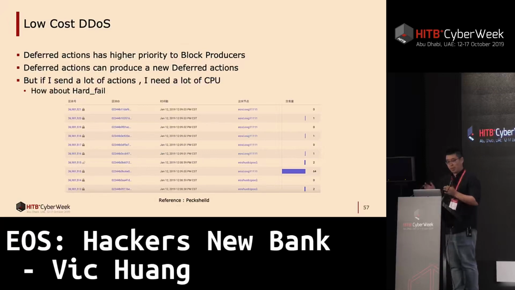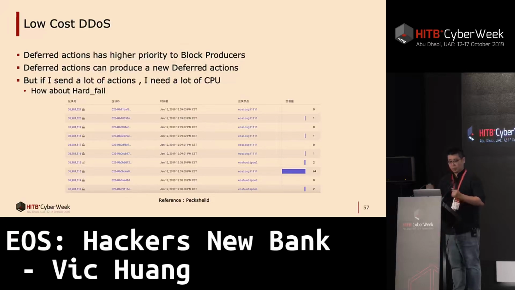It means that when the block producer picks the transactions to pack in the block, the deferred actions will go first. And the second one is that deferred actions can produce new deferred actions.